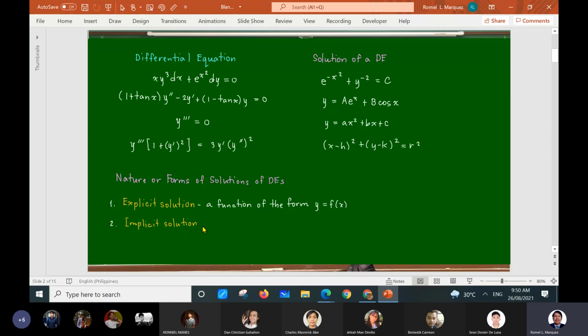So in other words, y is not clearly defined in terms of x. y is not solved in terms of the independent variable. Or possibly, the right side and the left side are both in terms of x and y generally.